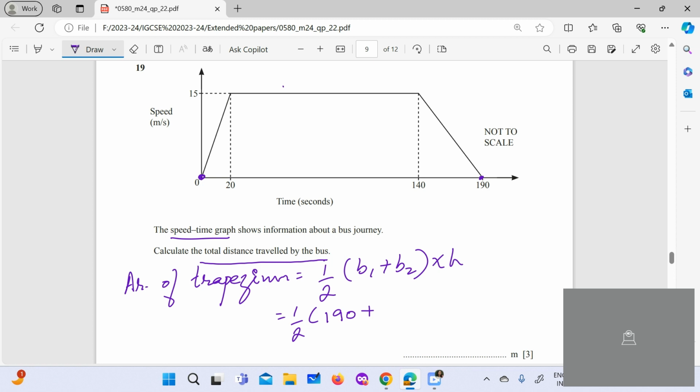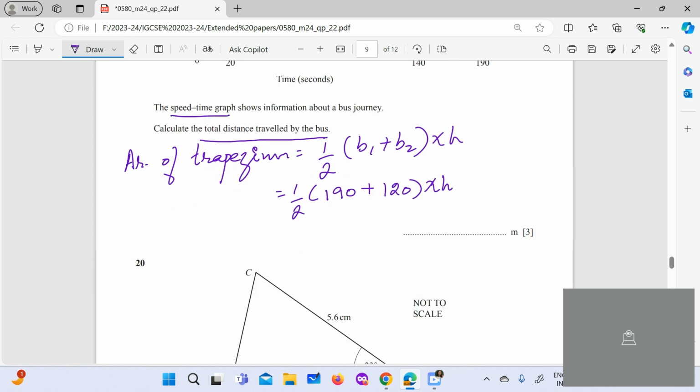Now I must calculate what this is. From here to here it is 20, and then here it is 140 from here to here. So this length will be 140 minus 20, that is 120. And you know that height will be from here to here, that is 15. Height will be 15.